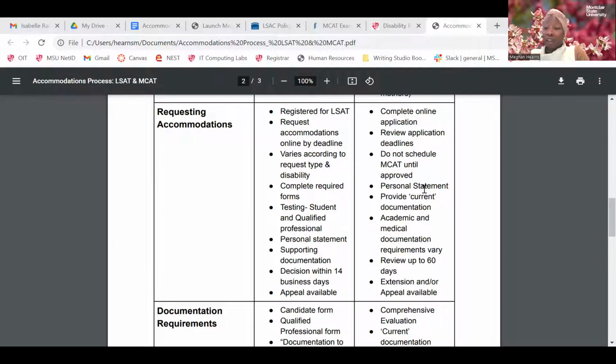Medical and mental health related is typically that six months deadline. So it has to be even more current than DRC documentation. It has to be very, very recent. 3 years is typically for your learning, your non-medical mental health.